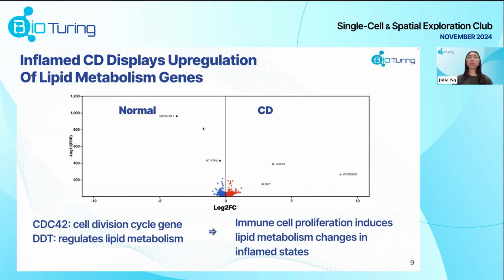When I do the analysis, I see an upregulation in genes such as CDC42 and DDT. CDC42 is a cell division cycle gene, whereas DDT regulates lipid metabolism. Together, these genes may be related to how immune cell proliferation induces lipid metabolism changes in inflamed states in Crohn's disease.